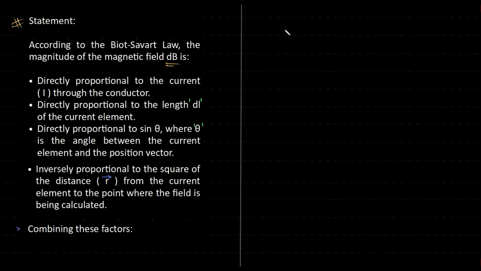So when we combine all of this, what do we end up with? dB is proportional to first the current, then dl, then sine theta, and inversely proportional to the square of the distance. When we open this proportionality symbol, we get a proportionality constant mu naught by 4 pi, times I dl sine theta by r square. What do you think mu naught is? Think about it.